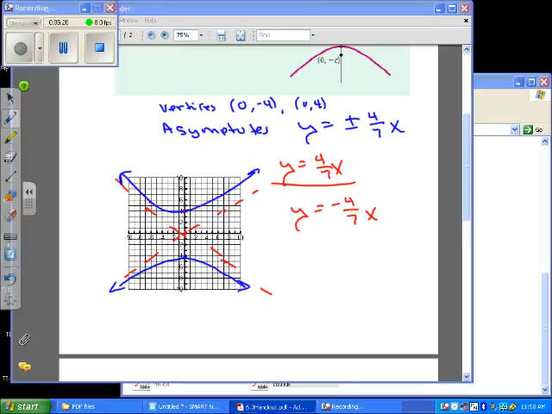Even though they didn't ask us to find the foci, let's go ahead and find it. To find the foci, we have to use the following information, which is above here that we cannot see: C squared is equal to A squared plus B squared. This was my equation that we had written up on the very top there.